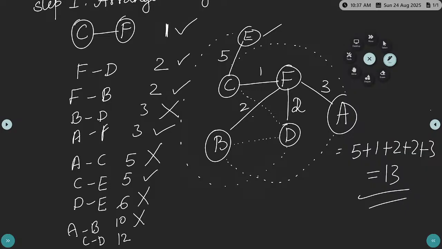Write down the algorithm. Start with any vertex of the graph.